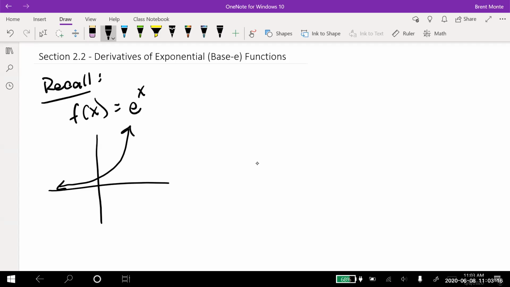And here's what's really special about that. If we look at any point on the curve, say right here at x equals 0, and we look at the tangent line right there, remember the derivative is the slope of the tangent line. Let's put a little chart here. We're going to have x, e to the x, and the derivative of e to the x.